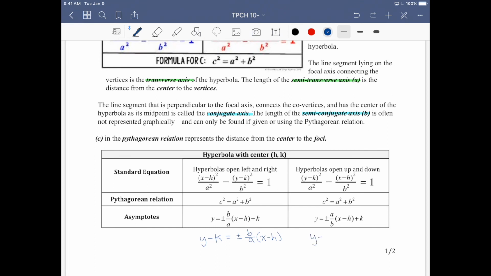The only difference is that the way it's written right now, we added k to both sides, but I don't think that's necessary. If we keep it truly as point slope form, it is y minus k equals plus or minus b over a times x minus h, or y minus k equals plus or minus a over b times x minus h. I'm going to use the point slope form in order to write the equations of my asymptotes.